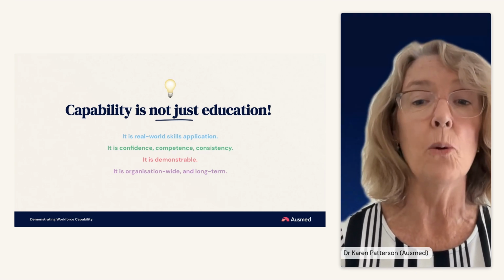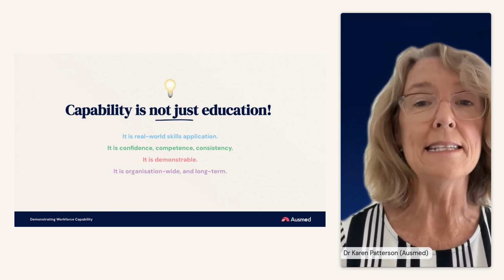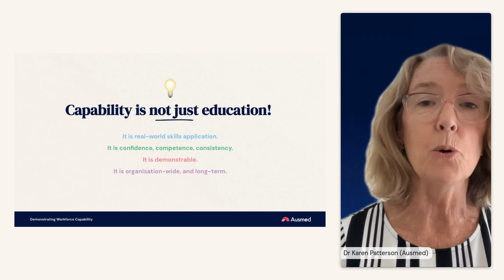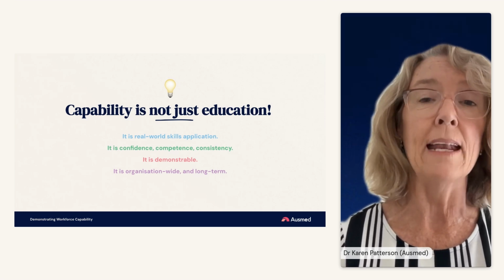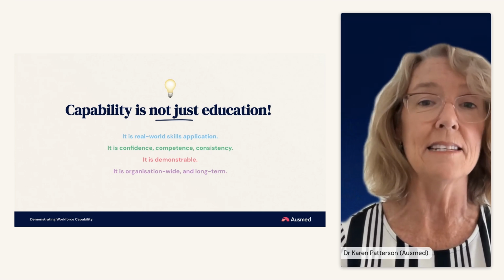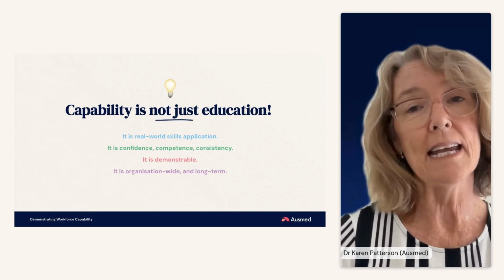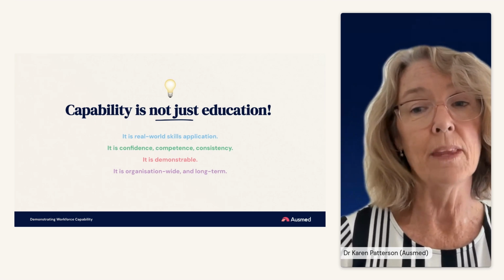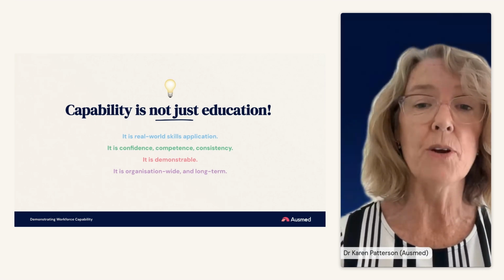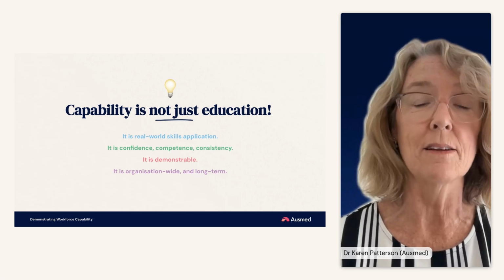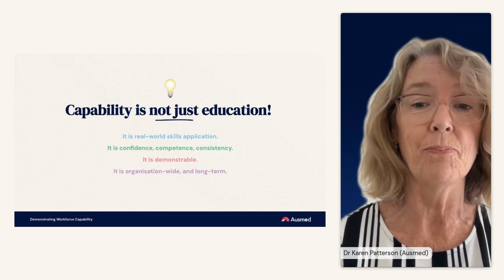It's confidence, competence, consistency. It's demonstrable, so it's observable. It's a behaviour. It's organisation-wide, and it sustains change. And it's the difference between attending a training session and being able to translate that training into effective action when it really matters, when things change.